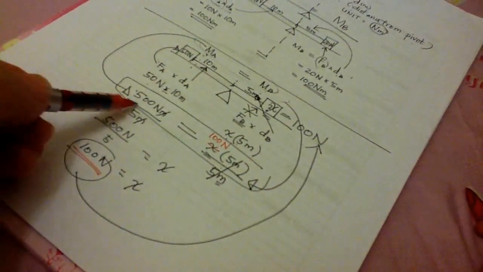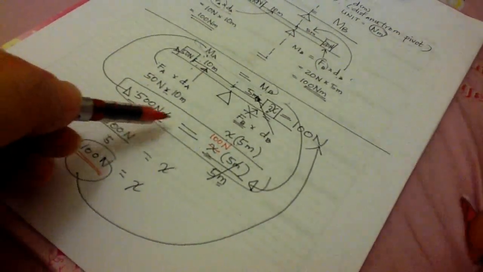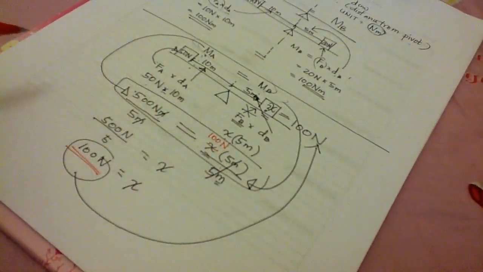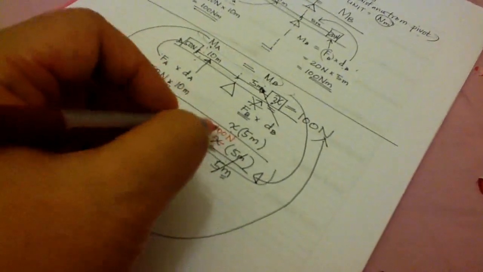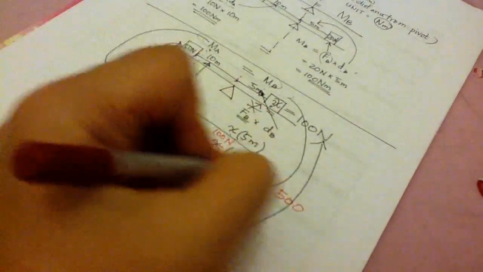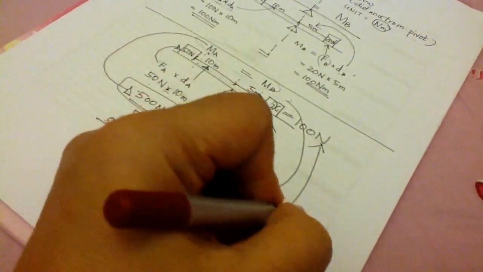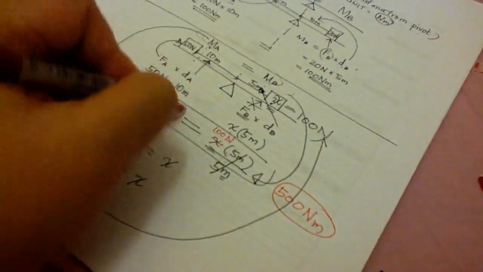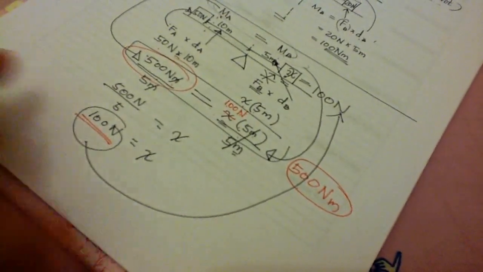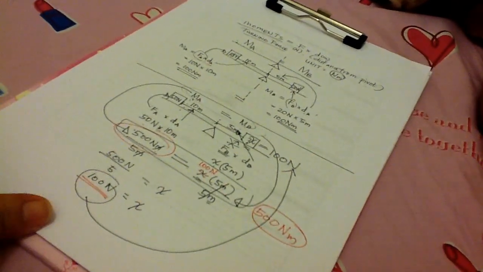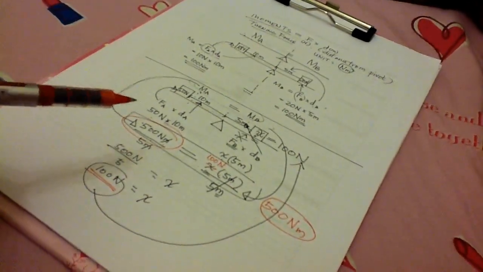So 500 Newton meters is equal to 100 newtons times 5 meters. Is that correct? Let's check. 100 times 5 is equal to 500. Newton times meter is Newton meters. So there you have it. 500 Newton meters is equal to 500 Newton meters. So that's how to use the principles of moment to look for an unknown.